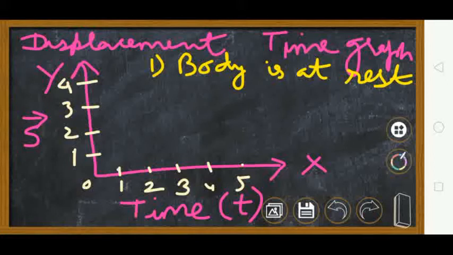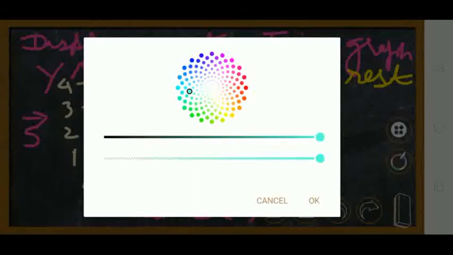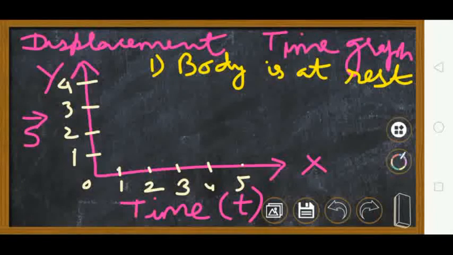At 0 seconds, suppose the body is at position 3. Now the body is at rest, so it is not going to move from here. After 1 second also you will find that the body is at 3 only.